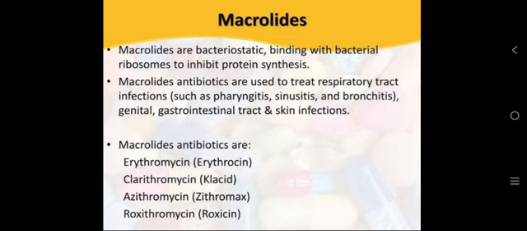Macrolides. Macrolides are bacteriostatic, binding with the bacterial ribosome to inhibit protein synthesis. Macrolide antibiotics are used to treat respiratory tract infections, gastrointestinal tract infections, and infections such as those present in the skin. Macrolide antibiotics are erythromycin, clarithromycin, azithromycin.